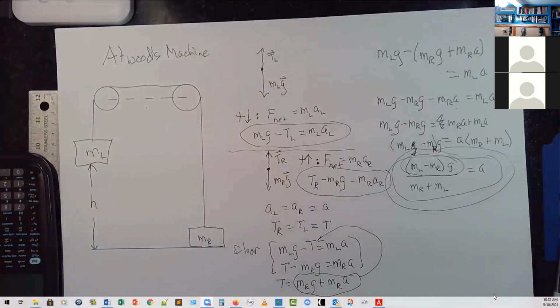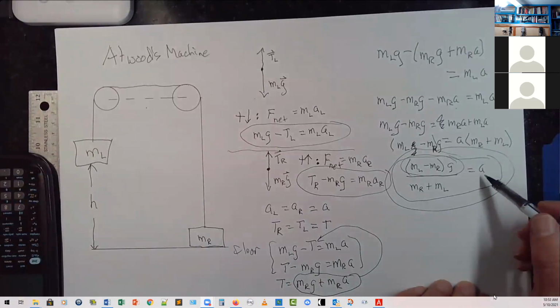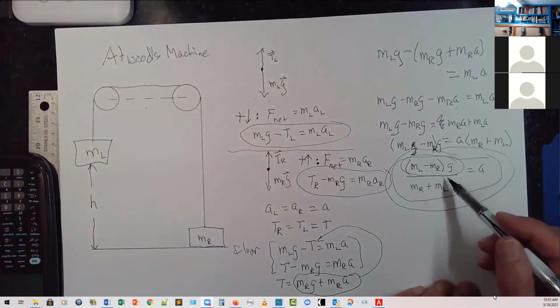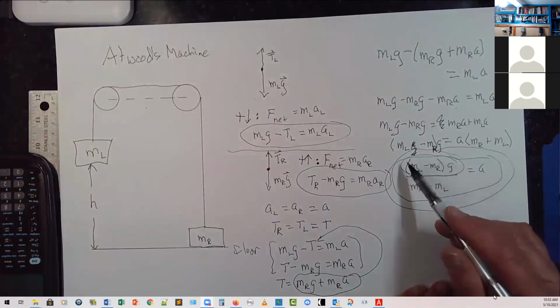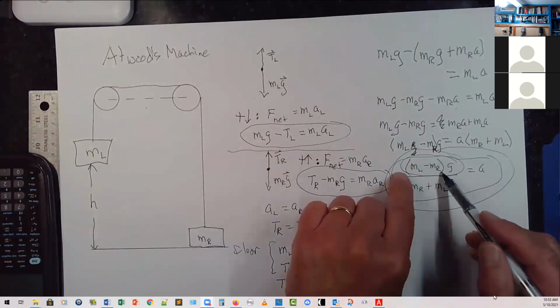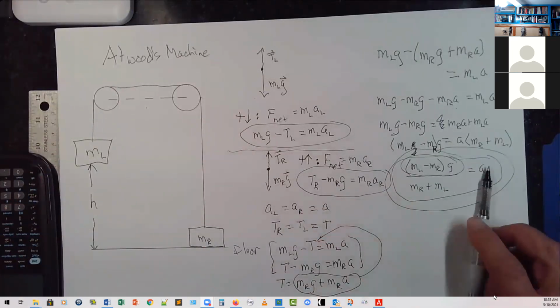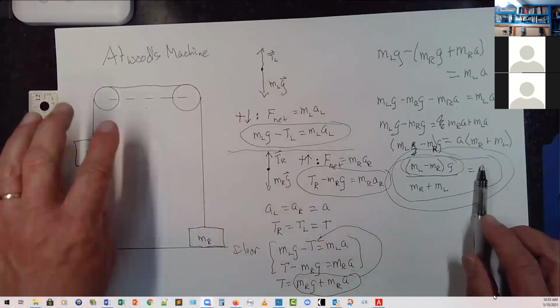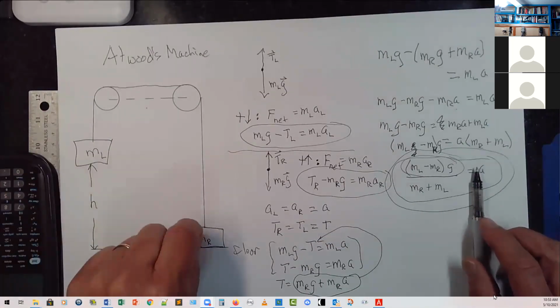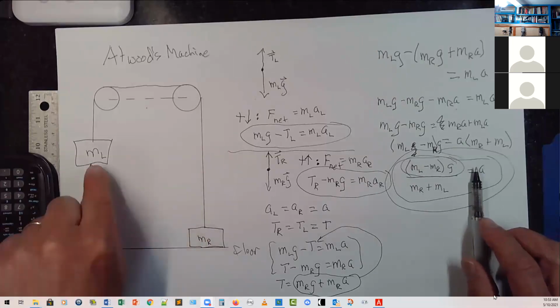And this will be the first lab that we ever do that we'll make a graph for, and we'll take a bunch of repeated data points for varying values of the mass difference. The mass total ends up being the same in every case, because what I'm going to do is drop it first, and then I'll take 1 gram and move it from this side to this side.